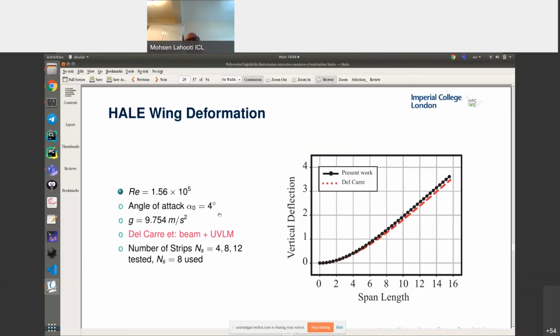Because the angle of attack is very small, and UVLM is based on potential theory, it can accurately predict the forces on the structure, and both approaches give a similar deformation for the wing. We tested various numbers of strips, and 8 and 12 gave us a similar deformation, so we used 8 strips in our simulations.